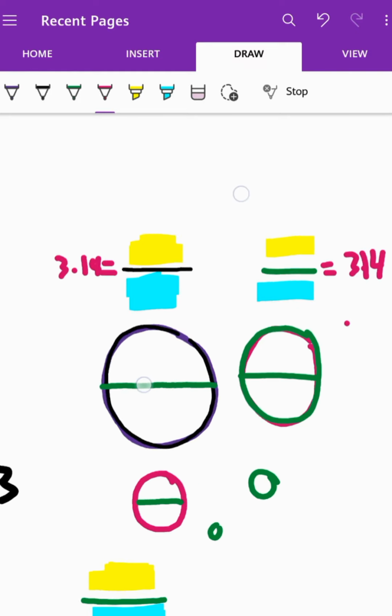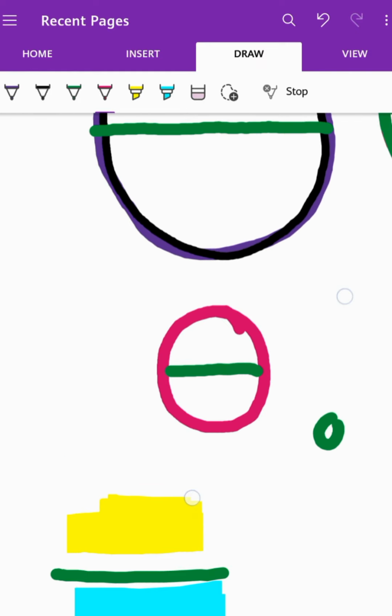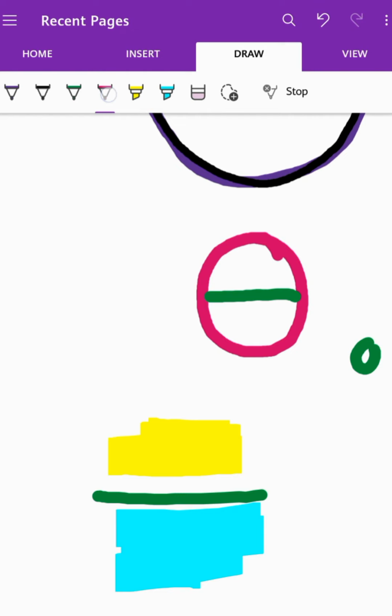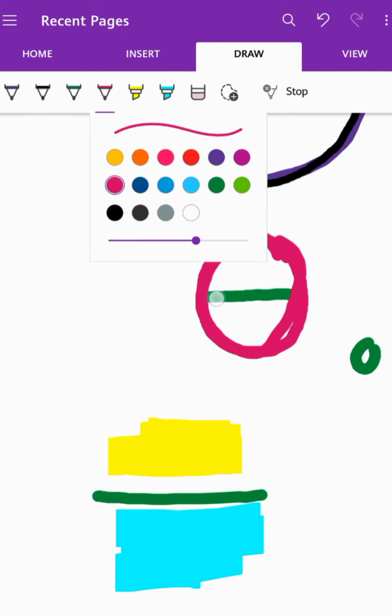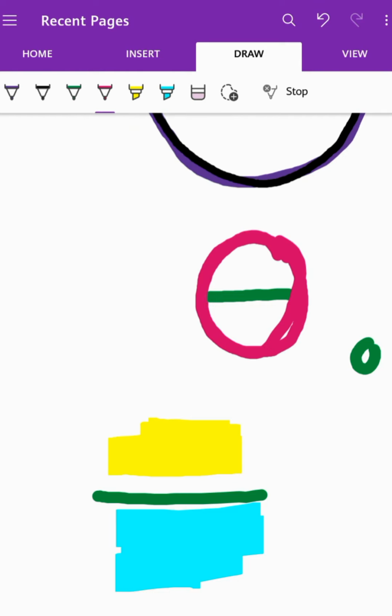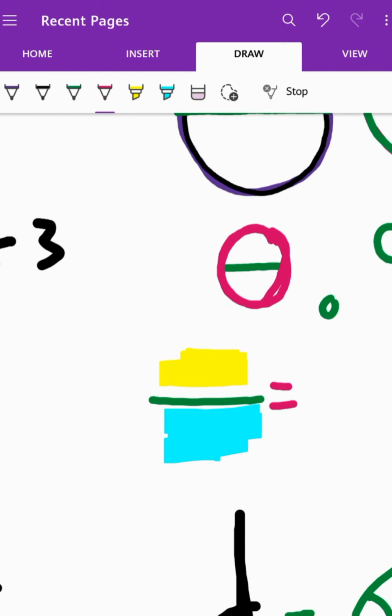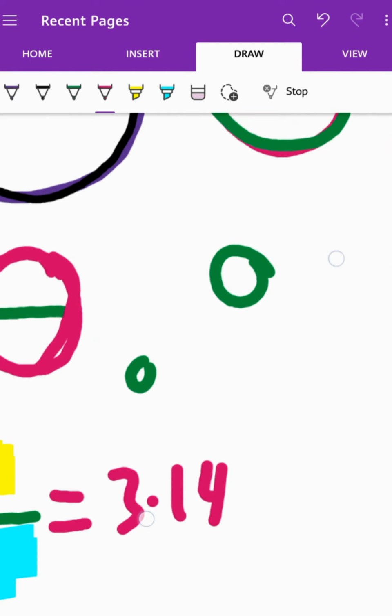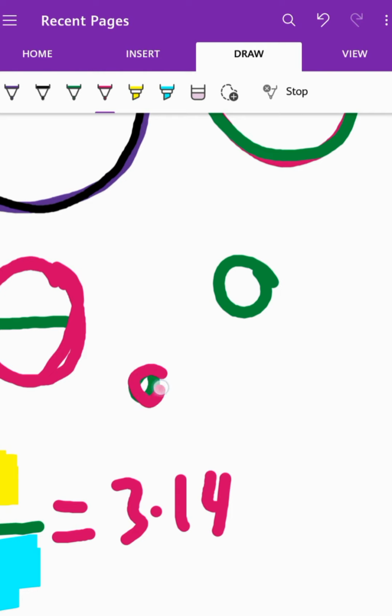When they went to the small circle and measured the length around it and divided it by the diameter, they found also 3.14.